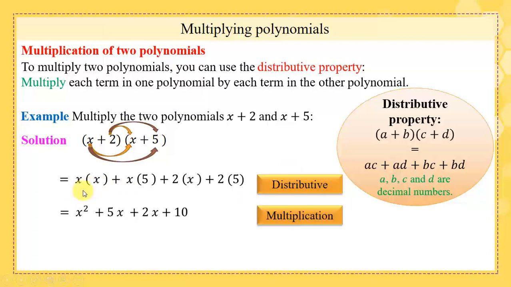In the second step, we just multiply the monomials together. We get x squared plus 5x plus 2x plus 10. Here we note that 5x and 2x are two similar monomials, so they can be added. The final answer is x squared plus 7x plus 10, which is a trinomial.